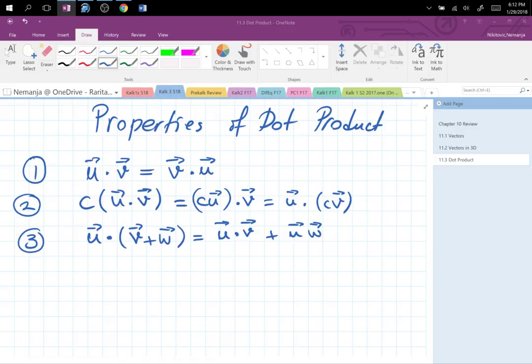V will have the same thing, v1, v2, v3, dot dot dot, vn as components, and you can just manipulate. But to learn these kinds of things, you always start with the 2D case, and then you extend that to whatever number of dimensions by adding more components. So you have those 10 properties that we talked about the other day, and now you have these 3 properties of dot products added to the mix.